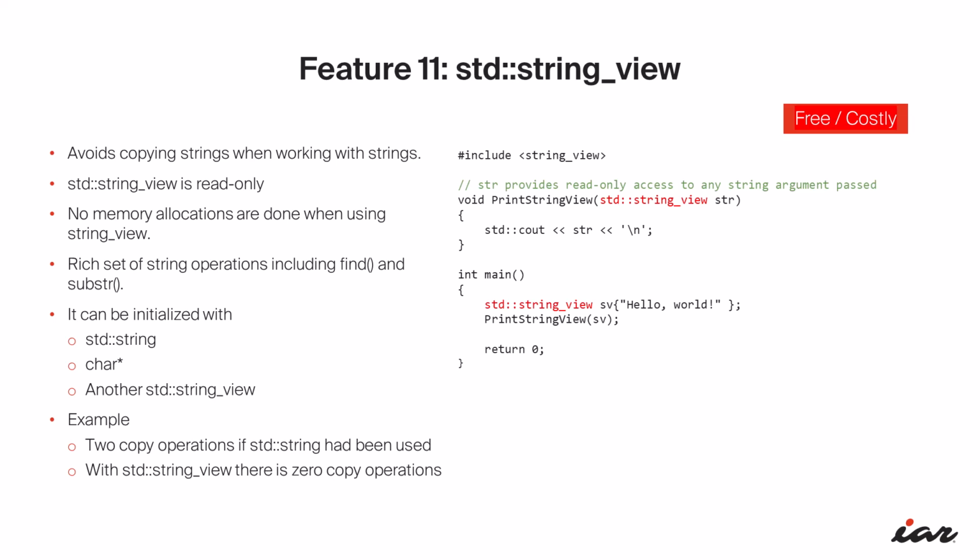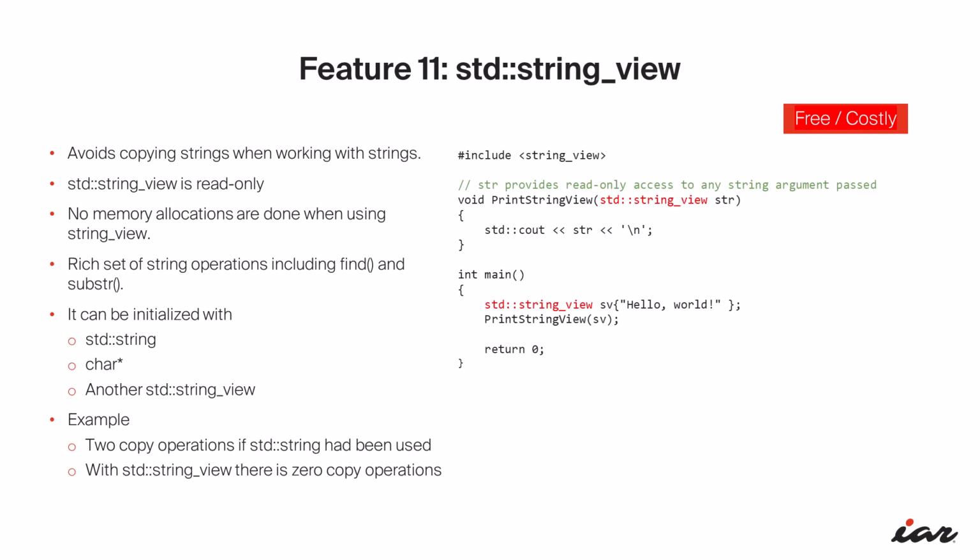We have a main function that calls our string printing function with hello world. We declare a string_view and then we pass the string_view argument to the print string function we have made. And compared to if this example had been using string, we saved 2 copy operations and some memory allocations.